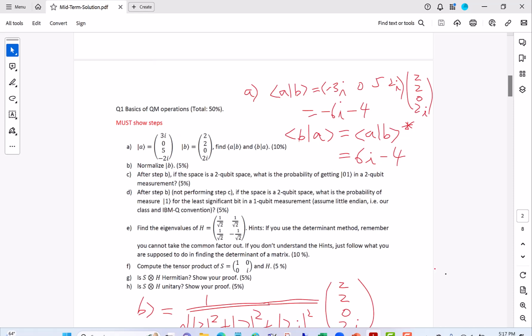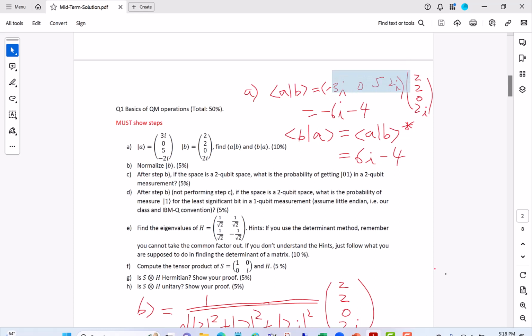The first one, what I'm asking here is: what is the inner product between A and B? The only thing that is tricky is that the A is in the bra. So you need to do the transpose, right? So first it becomes this transpose.